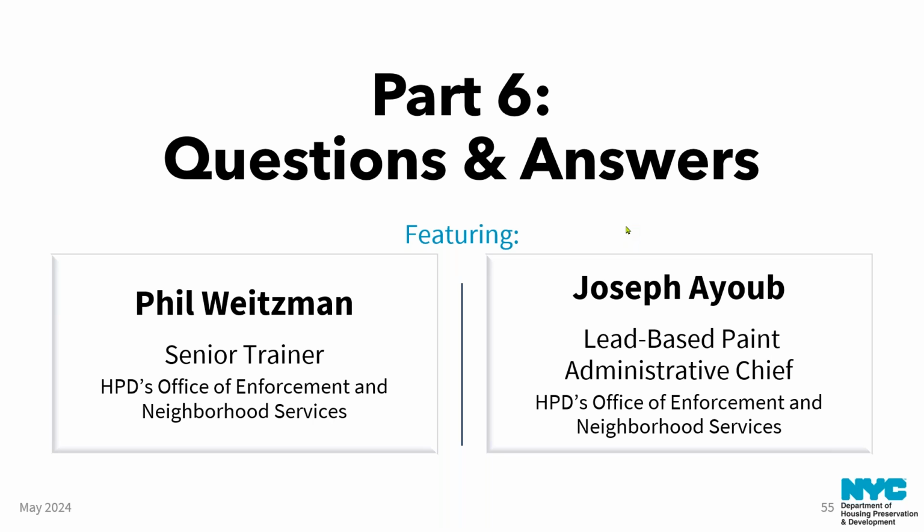If you know that the kind of work that you need to do is what we've been calling general repair and renovation, then you want to look for the RRP, renovation, repair, and painting license. And then there is a separate section of their website where you can search for abatement firms and risk assessor and lead inspector licenses. So I hope that's a little bit helpful as people are asking how to get to that website. I think we have time for maybe one or two more questions.